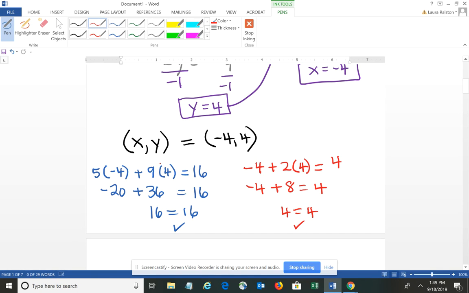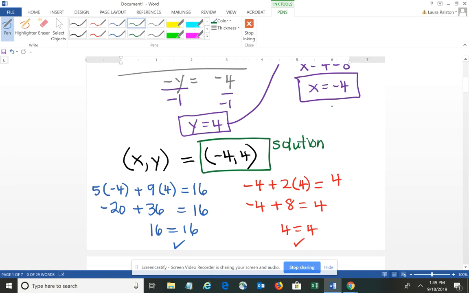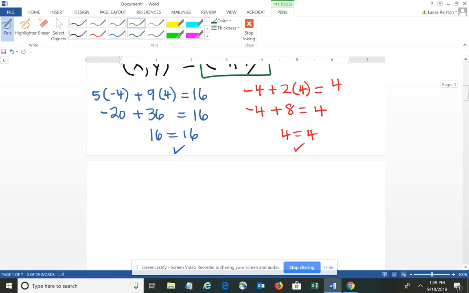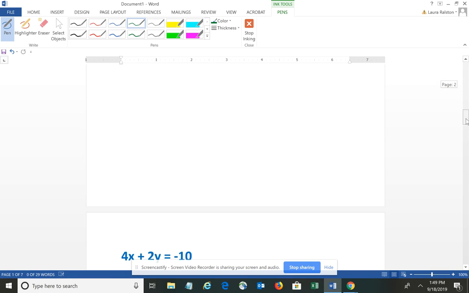It checks. So I know without a doubt that the solution to the system is -4, 4. This is your solution. You're not required to check it as I did, but that's a good way to do it because then you are assured that you have the correct answer.